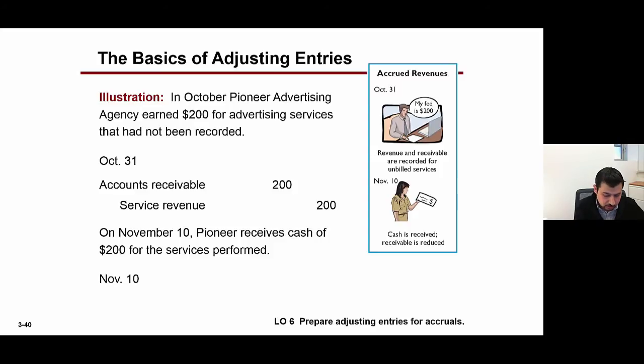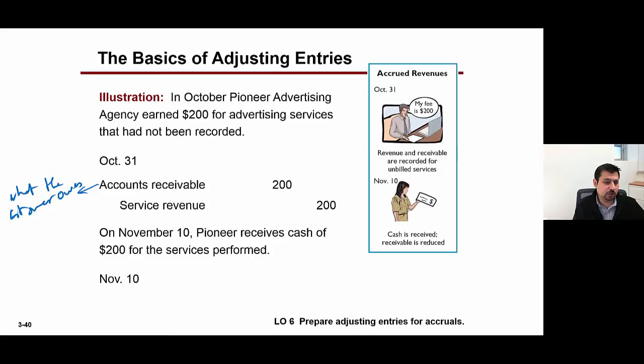This is money now that the customer owes them. Now, on November 10th, Pioneer receives cash of $200 for the services that they performed. Usually this happens because companies send the bill after the service has been performed.